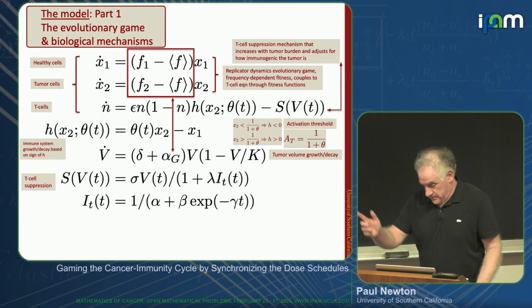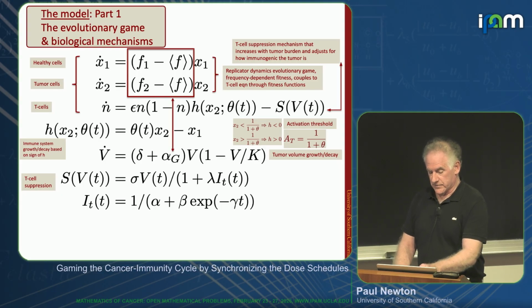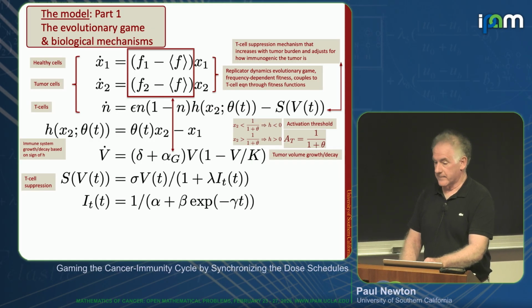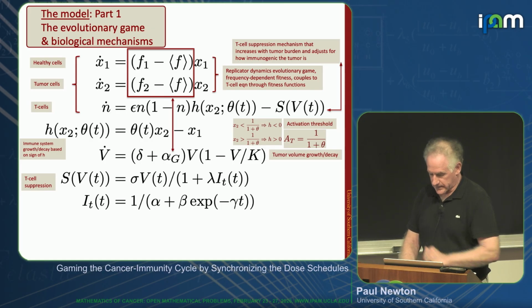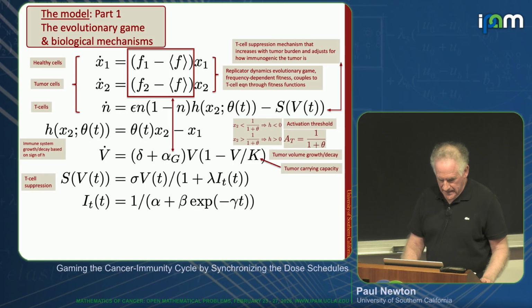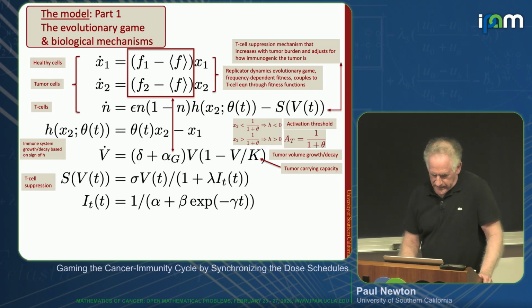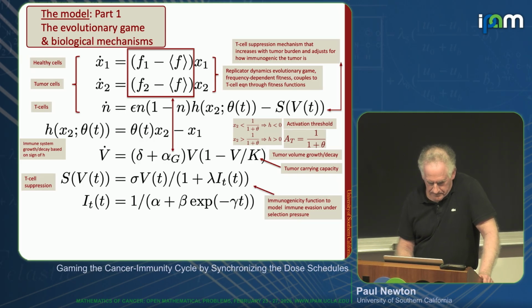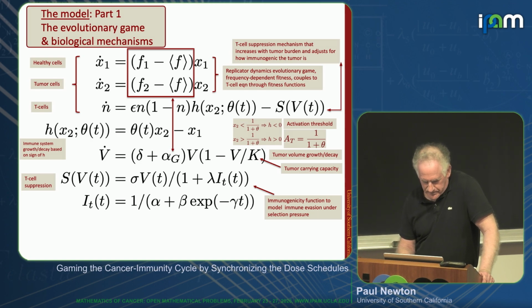As you point out, and as I'll show you in a minute, this growth rate, alpha G, is a function of time and a function of x1 and x2, so it will be a function of the fitness variables. I'll show you that on the next slide. There's obviously a tumor carrying capacity. And this I of T is the immunogenicity function that models immune evasion under selection pressure.